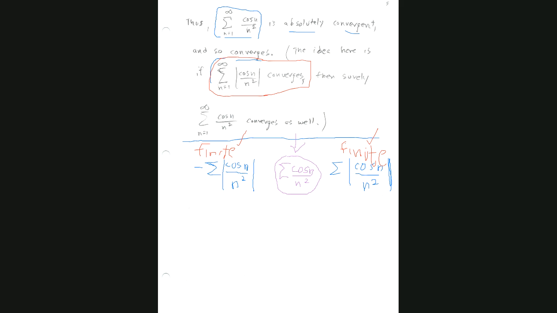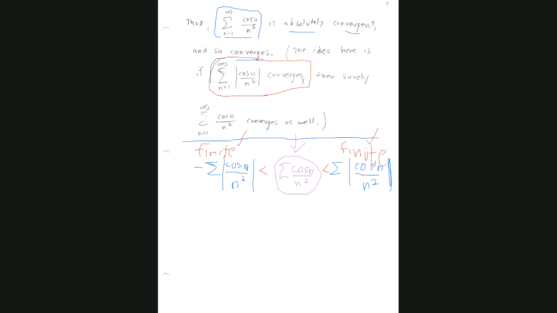Our series has to be less than the series on the right and greater than the series on the left. That has to be true because the terms of our series, some are positive, some are negative.